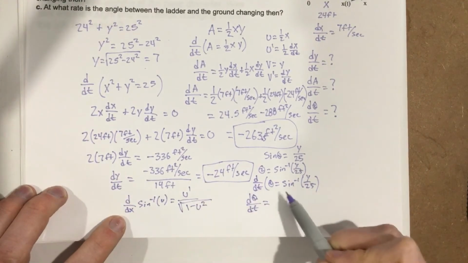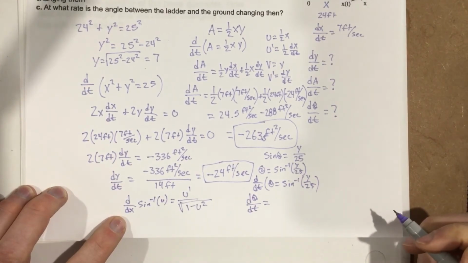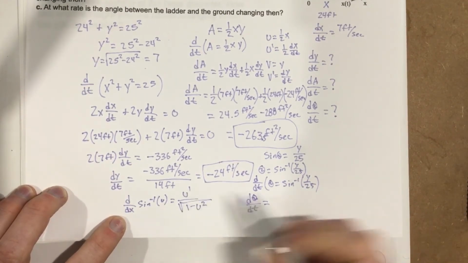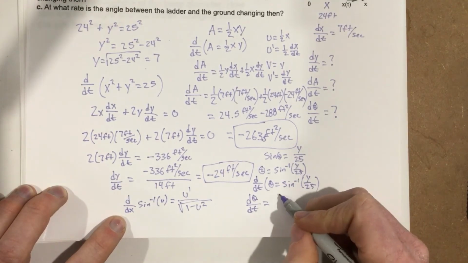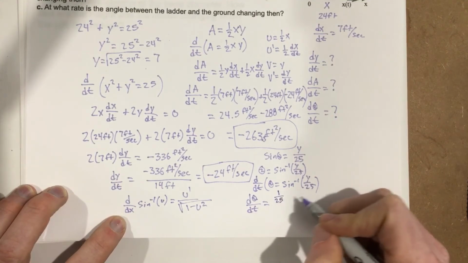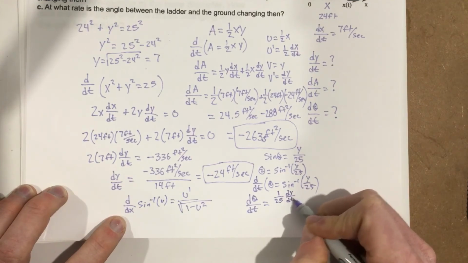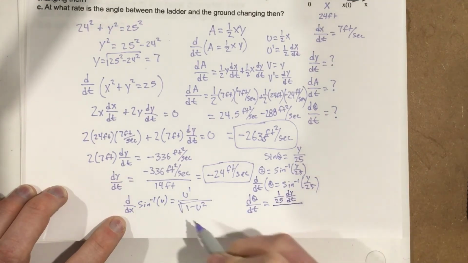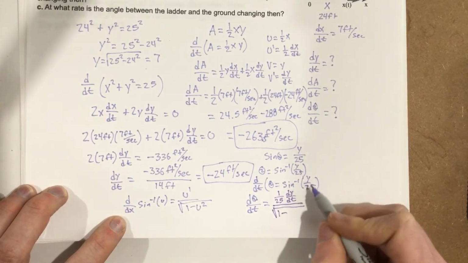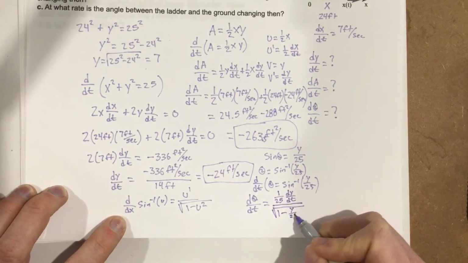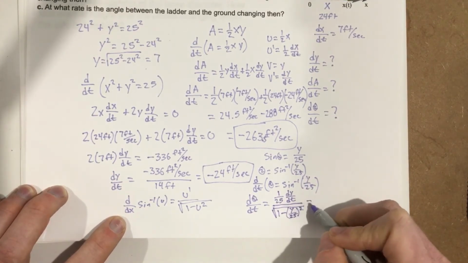So we just need to use the sine inverse to figure this out. u prime, the derivative in here, is just going to be 1/25, and this is implicit, so that's going to be dy over dt, over root 1 minus u squared, which is y over 25 squared. Now I just need to plug in my values.